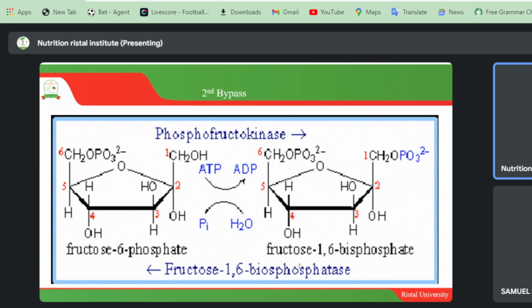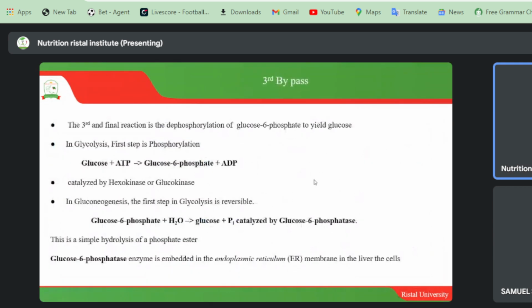And from here, this is an illustration of the second bypass, fructose 6-phosphate being converted to fructose 1,6-bisphosphate. So that's just an illustration, a visual to help you better understand the process and the second bypass.